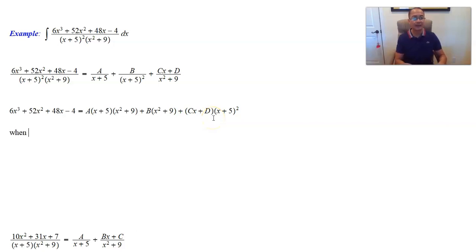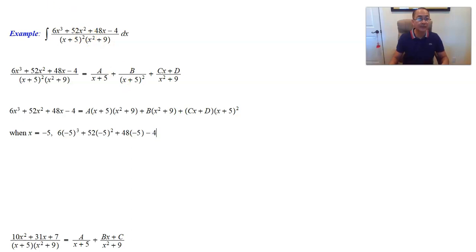So when x equals -5, remember what happened a little bit ago. x cubed minus 5 cubed, x squared minus 5 squared, 48 times minus 5.